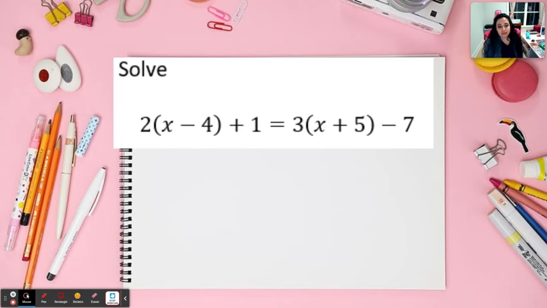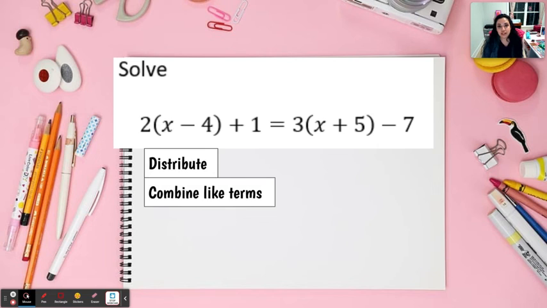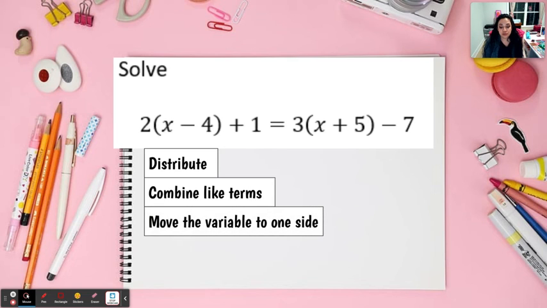All right, final one. You're solving this one and writing the final answer here. First step when solving is we need to distribute. Next, combine like terms. Now you're going to move the variable to one side. This is when the canceling happens.